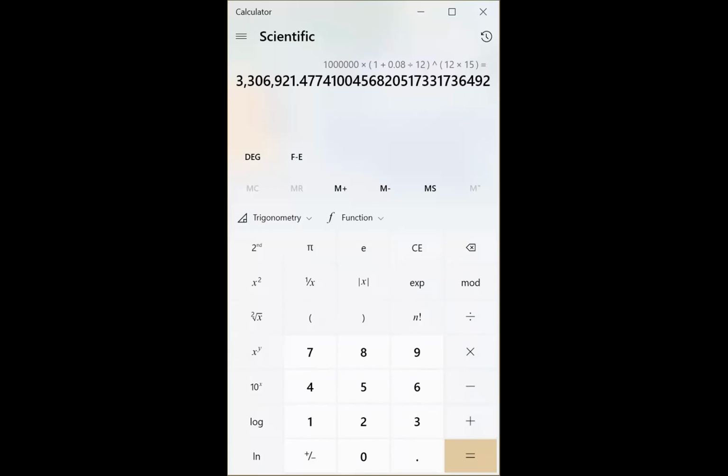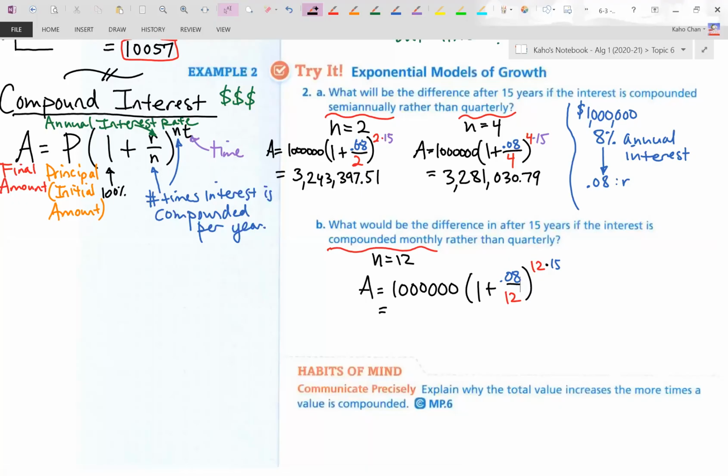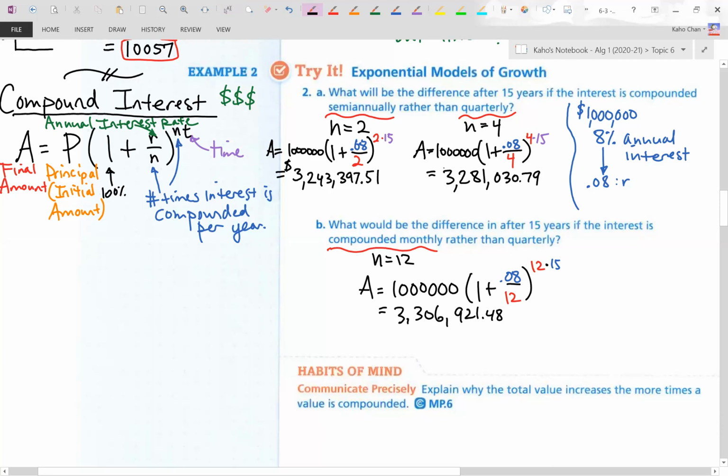Okay, a little more. Let's go back to our notes here. How are we doing out there? Not too bad, huh? Money's money. $3,306,921.48. Okay. All right. Any questions about the money we're making?